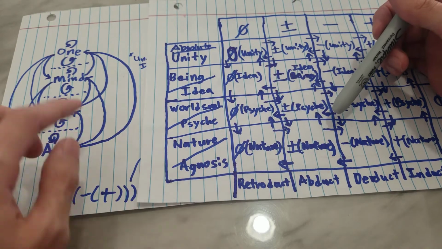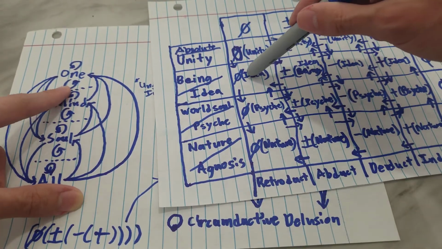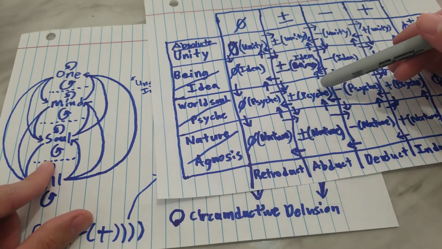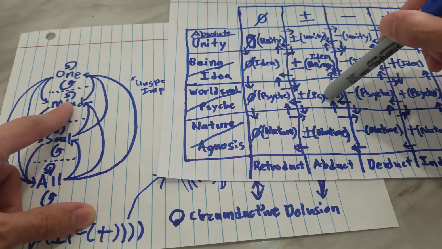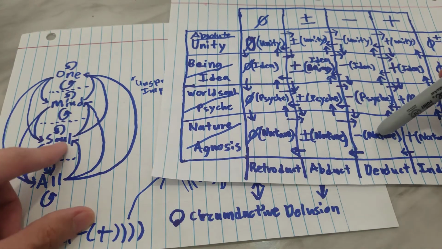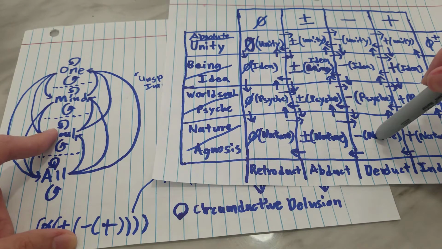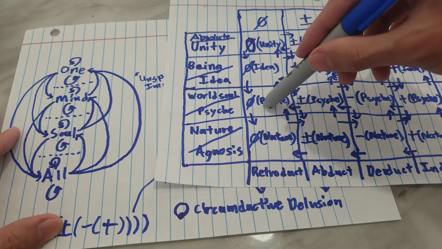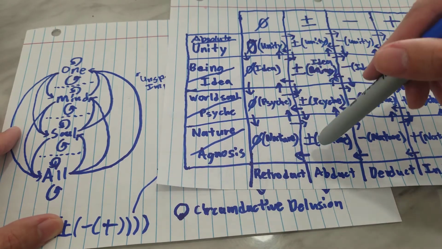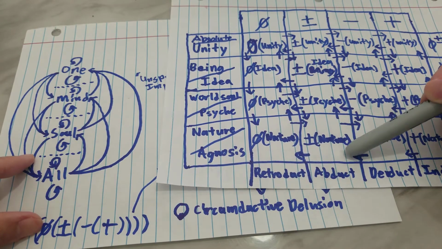So from the mind to the one is the retroductive idea. The abductive psyche is from the soul to the mind, and the deductive nature is from the all to the soul, which this and this, the retroductive psyche and the abductive nature, will be. So let's start from this.